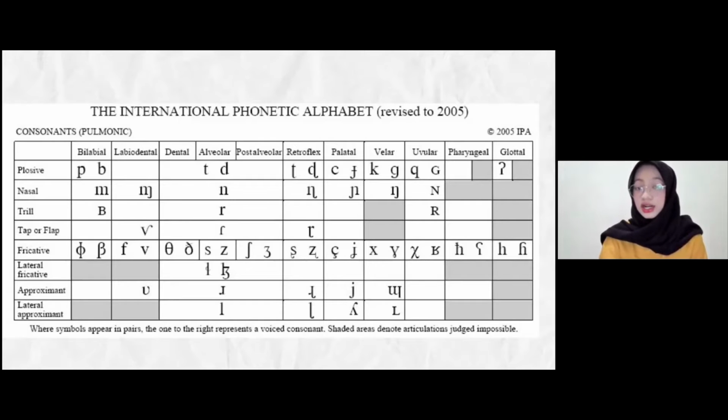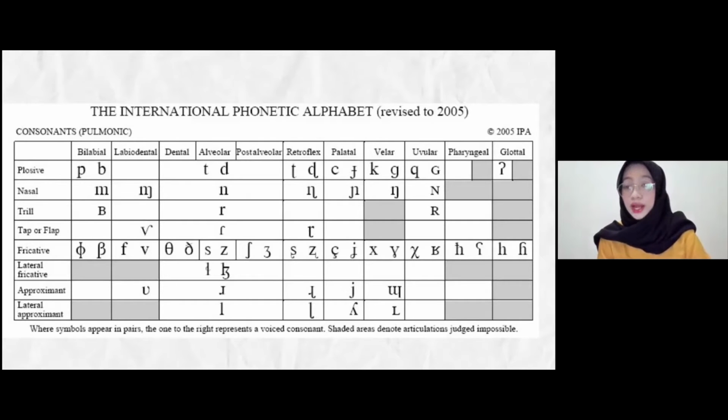Next is the retroflex consonants. Ta, ata, da, ada, na, ana, ra, ara, sha, asha, za, aza, la, ala.